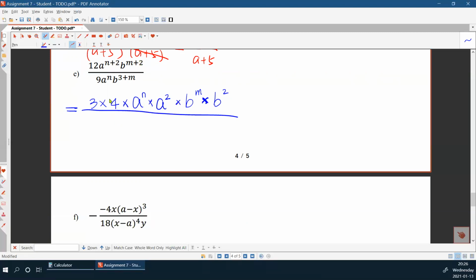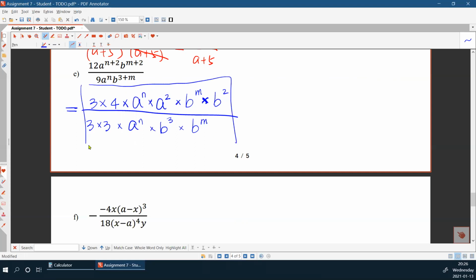For the denominator, 9 is 3 by 3, times a to the nth times b to the 3 times b to the mth. Actually, you don't need to write this.